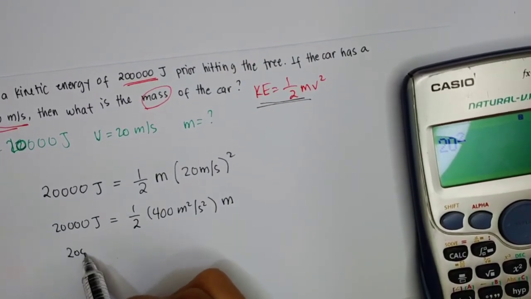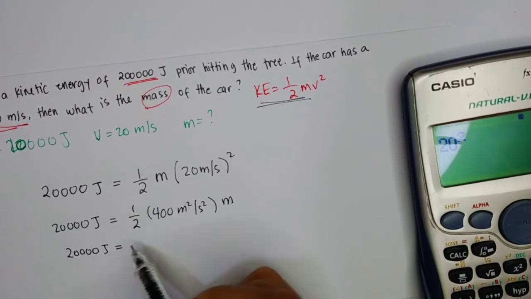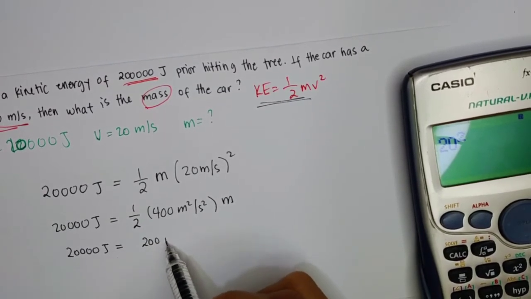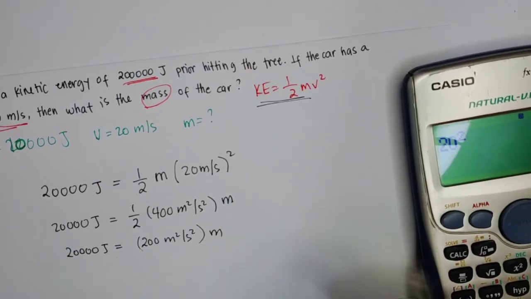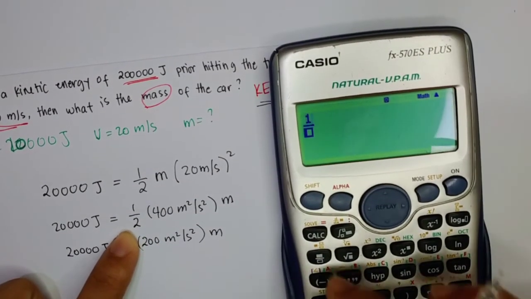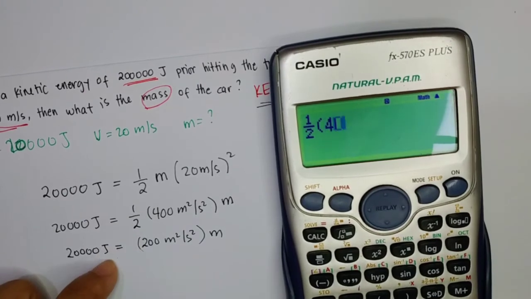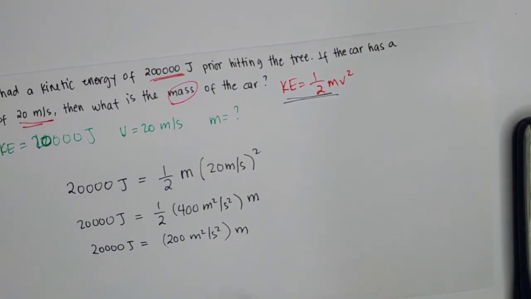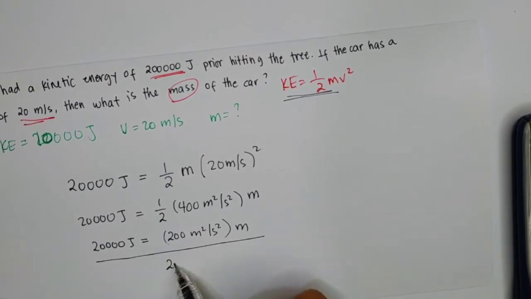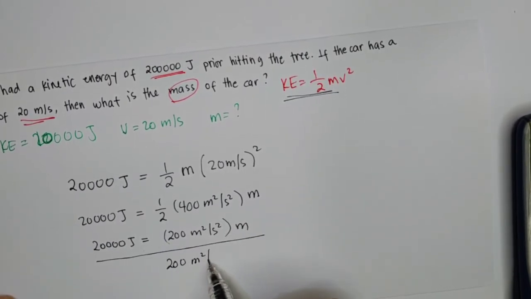It will be 20,000 joules is equal to 200 meters squared per second squared times mass. Since that is 1/2 ng 400, that is 200.